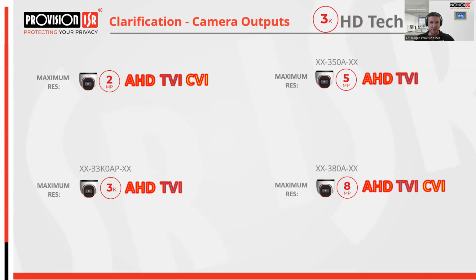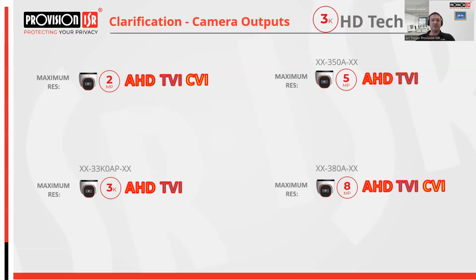Each series, whether 2, 5 megapixel, 3K, or 8 megapixel, has the capability to lower its resolution. Why might you need to do this? Compatibility limitations with certain DVRs will most likely be a factor. So for example, if a DVR is rated for 1 megapixel, it will only support cameras with a 1 megapixel resolution or lower.